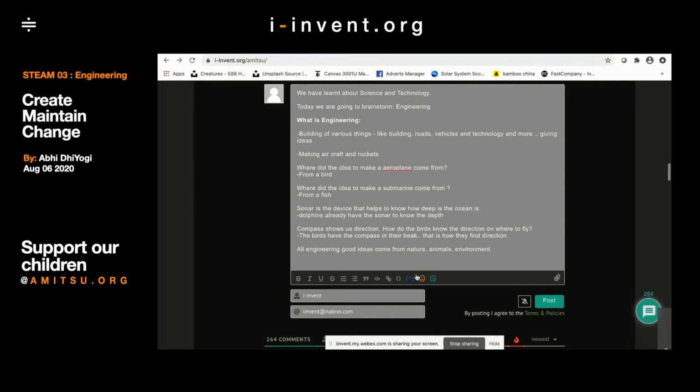So where is the example for all engineering good ideas, where do they come from? Nature, animals, and environment, correct? So if you want to build something, then what is it that we should look at first?